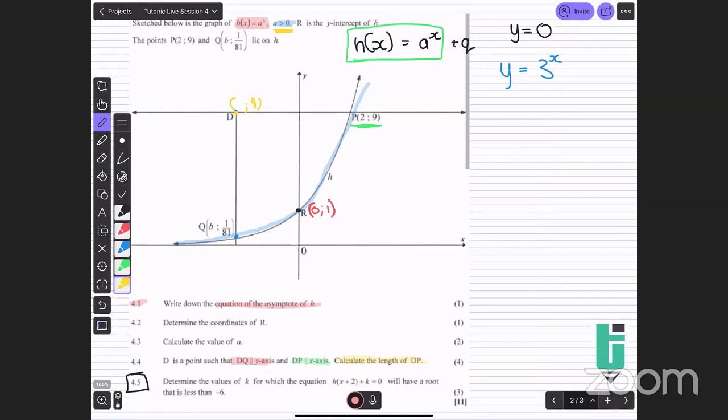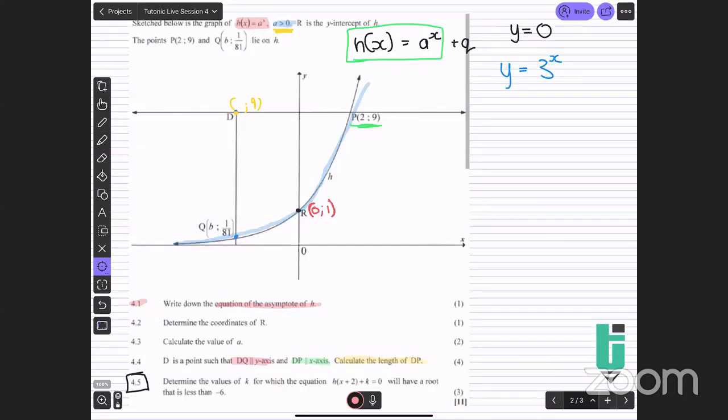But they also tell you that DQ is a vertical line, right? Do you guys see that? And what do you know about a vertical line? The equation is x equals something, but what is that something?